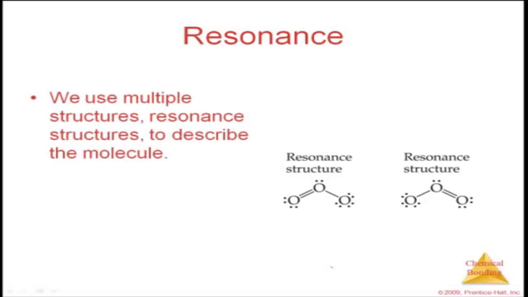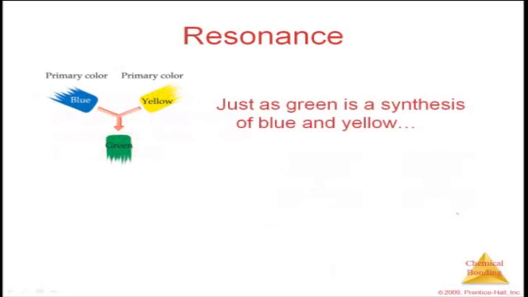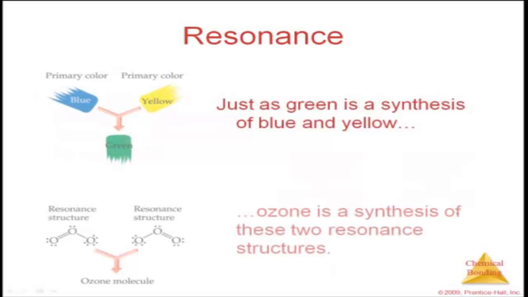So we use multiple structures to describe the molecule. We can't describe it with any one of those, and we put the brackets on to show that they are resonance structures. So just as green is a synthesis of blue and yellow, ozone is a synthesis of the 2 resonance structures. In fact, these bonds are identical based on all the data scientists can put together.